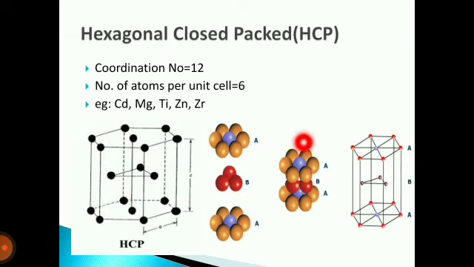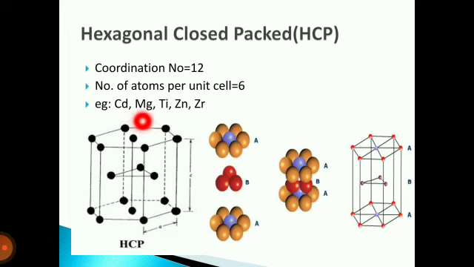Okay, you can visualize this as A layer, B layer and again A layer. So AB layer pattern is repeated in HCP type of crystal lattice. In HCP, the coordination number is 12 and the number of atoms per unit cell is equal to 6.